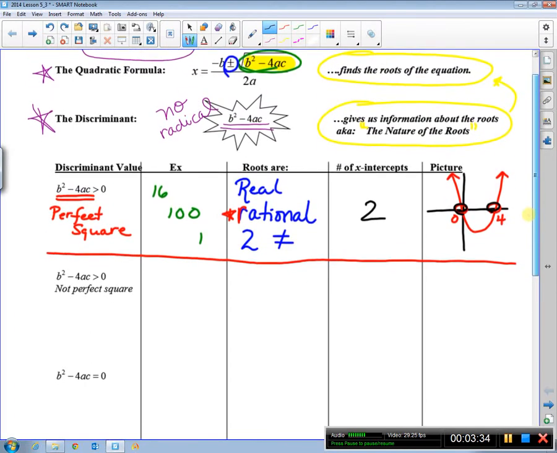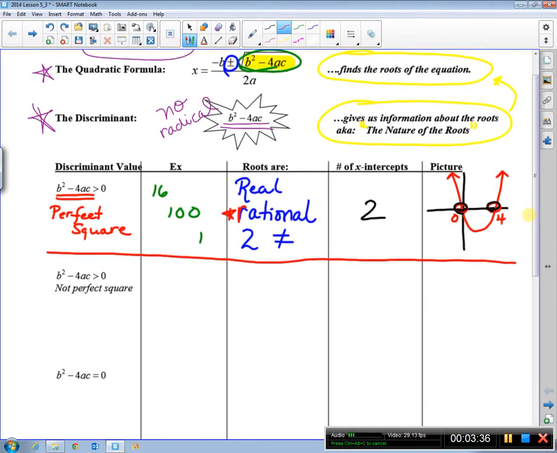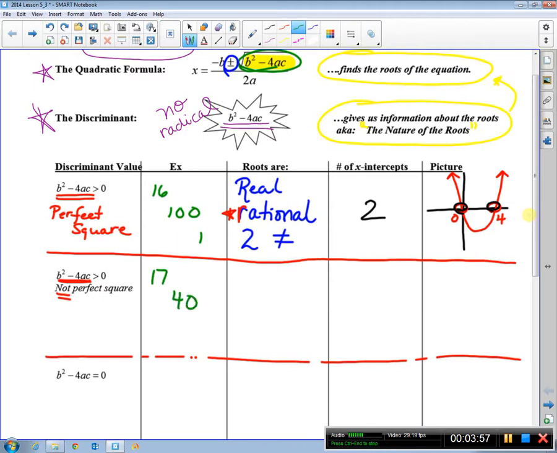So let's follow that same train of thought for the next possibility. b squared minus 4ac, what's under the radical, is still greater than 0, so it's positive, but it's not a perfect square. So underneath the radical, something like 17 or 40 is not a perfect square, or even 2, not a perfect square.